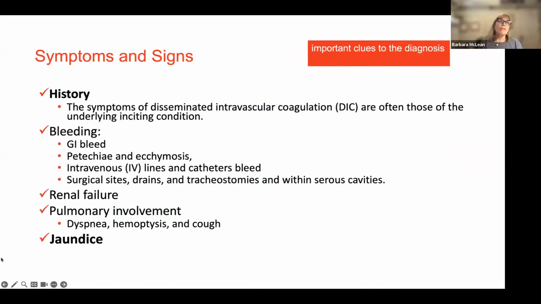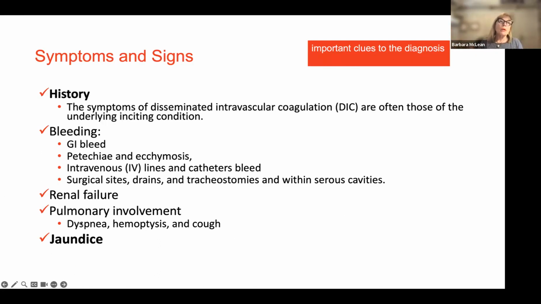Okay, so first and foremost is patient history, of course, as it always is. And remember, the symptoms are typically those of the underlying cause. You've got renal failure, you have pulmonary dysfunction, you're already bleeding, you have a GI bleed, you have petechiae, ecchymosis, you've gotten a lot of lines, catheters, surgical sites, drains, trachs, all sorts of stuff.